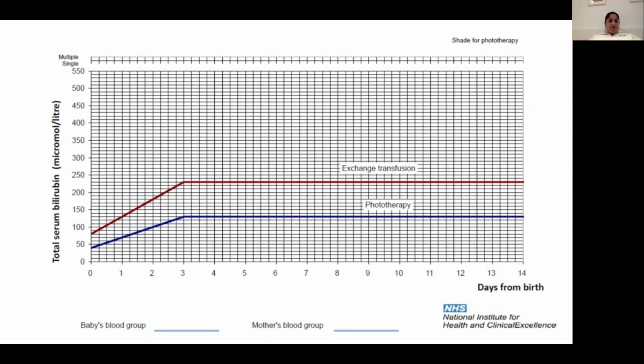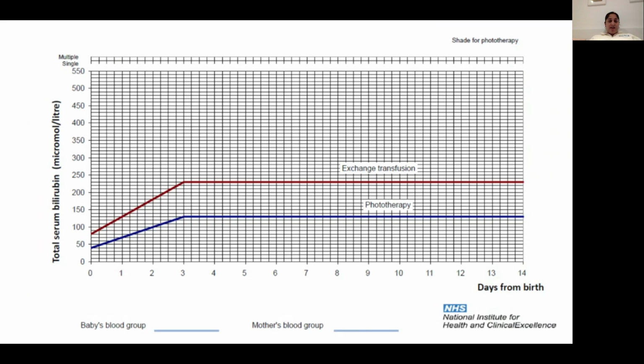We hope that it won't go past that line, but at my trust, we would plot the transcutaneous level, and then judging by how high it was or how close to the phototherapy line it is, you can make a trend, and work out how long you should expect it to take for a baby to cross the line.